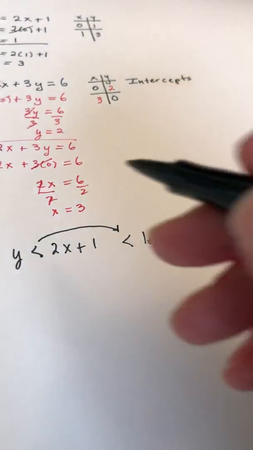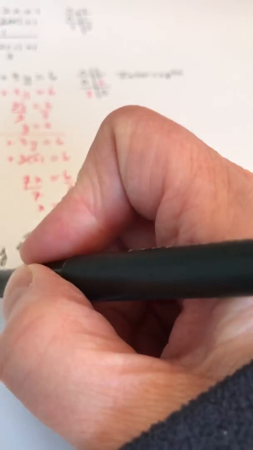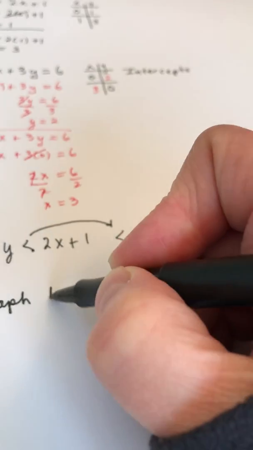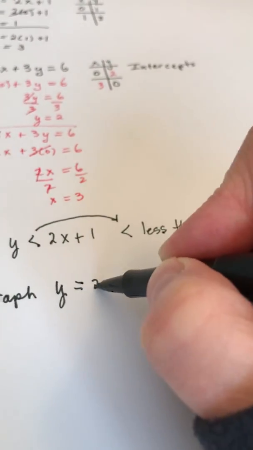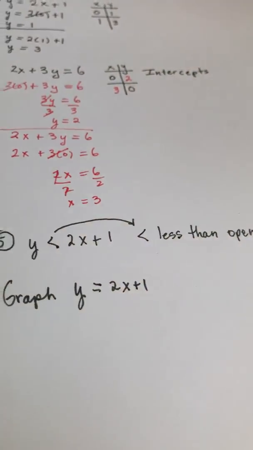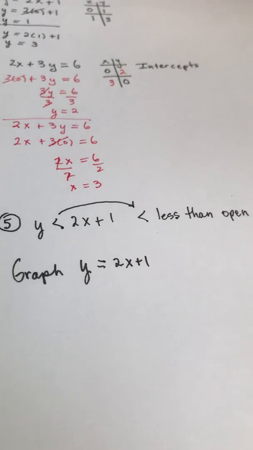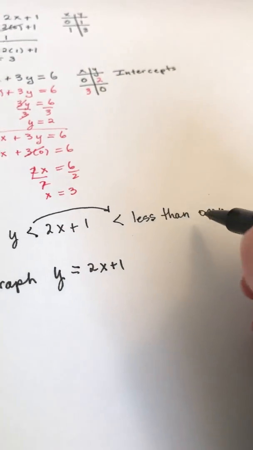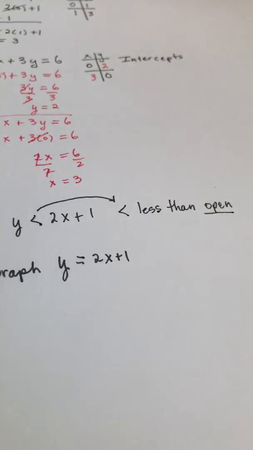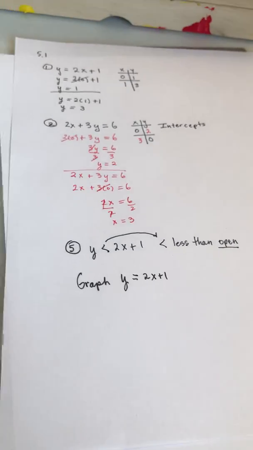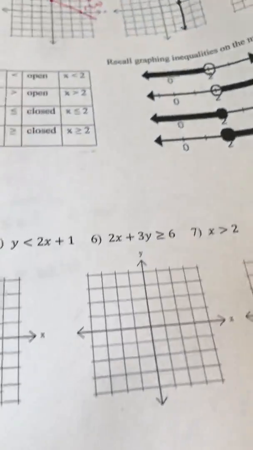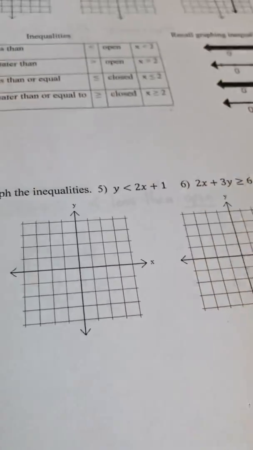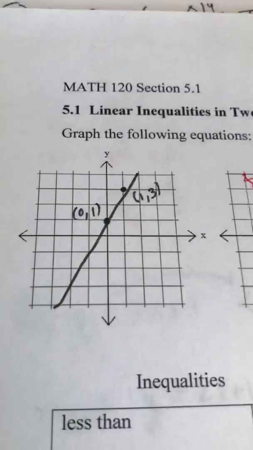First, we're going to graph it as an equality, y is equal to 2x plus 1, except we have to make sure that the line is open. That may not make sense right now. It takes a little bit of getting used to. To graph y equals 2x plus 1, we already did that up here. Remember?